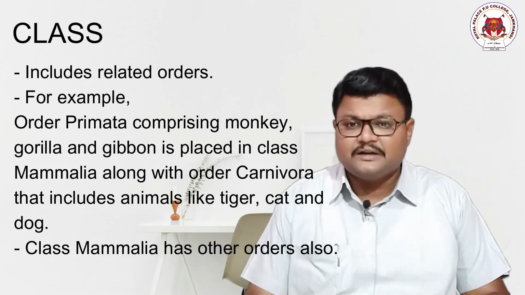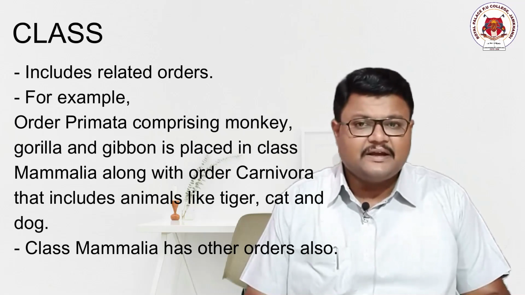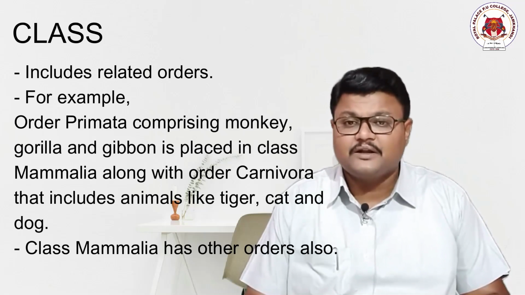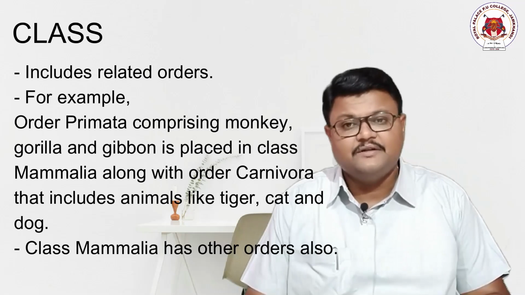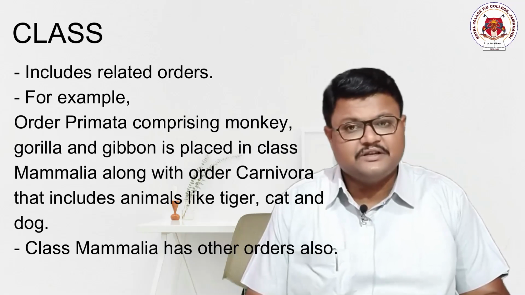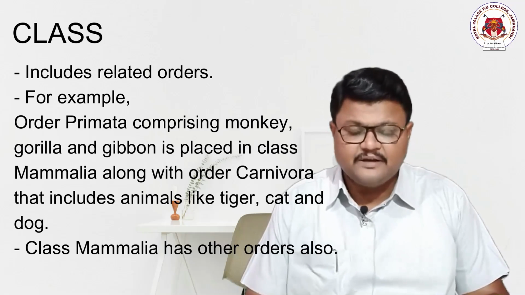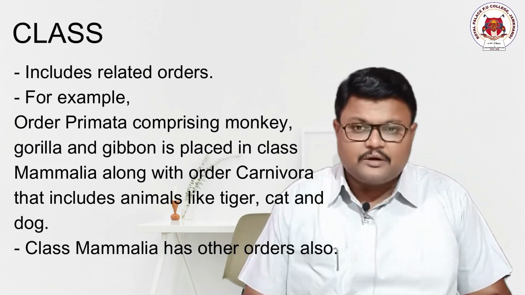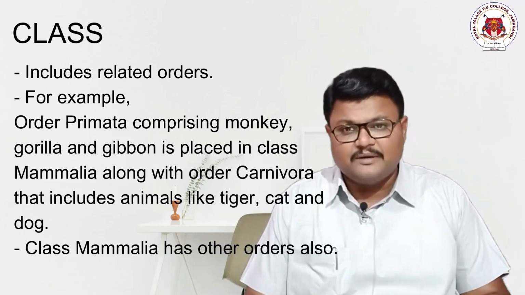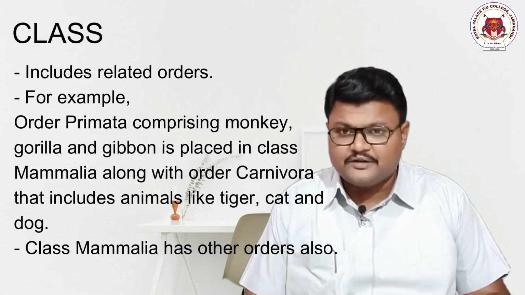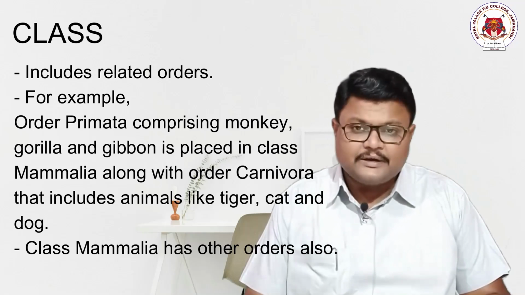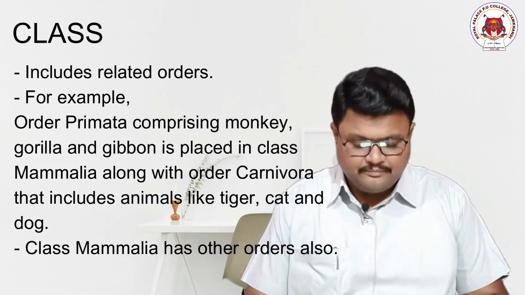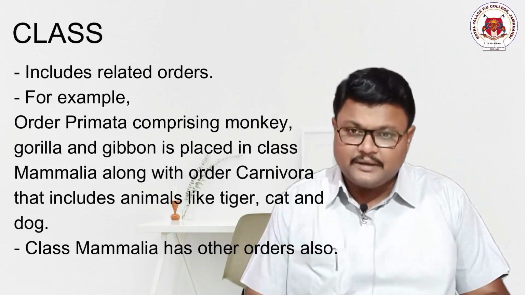In these classes, we can see that different organisms are present with different orders, families, genus and species in them. Likewise, there is a class called Mammalia, and this Mammalia contains different orders, such as order Primata comprising monkey, gorilla, gibbon.